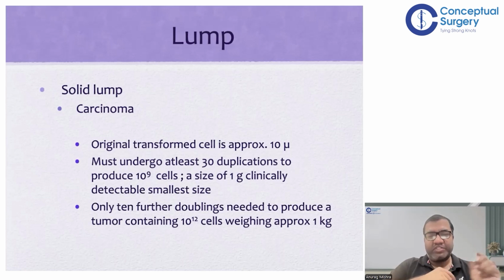From 1 gram, which is not palpable or detectable clinically, and even with ultrasound may not be detectable, it becomes 1 kg. And 1 kg means it is beyond any cure. So from nothing to incurable, there's very little window in which we need to diagnose and treat this.